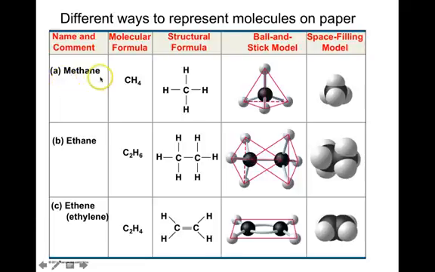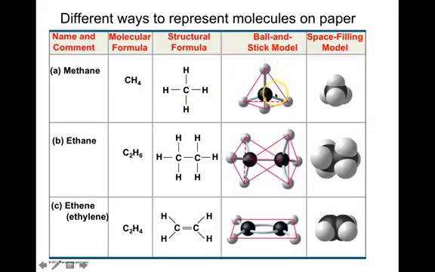Name is simply a word. A molecular formula tells us how many elements are there and how many of each element. We represent it with a number and put it as a subscript. Whereas in a structural formula, we do not use any numbers, we simply draw them out, however many there are.